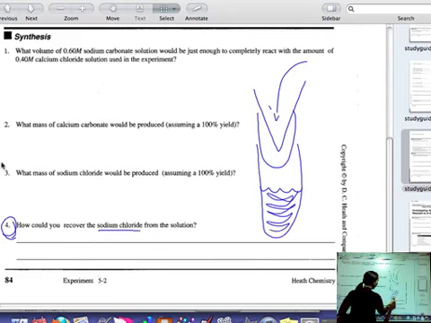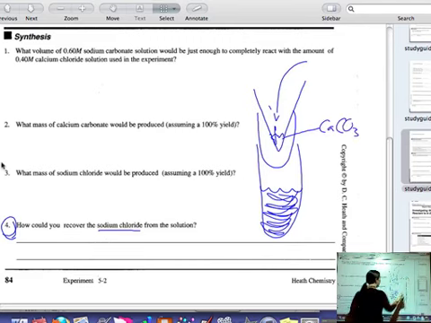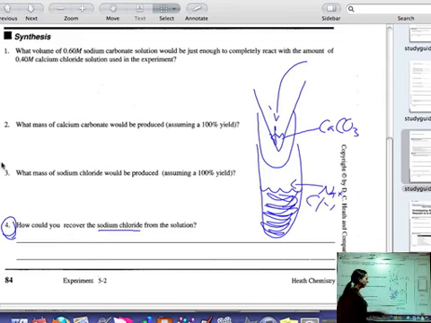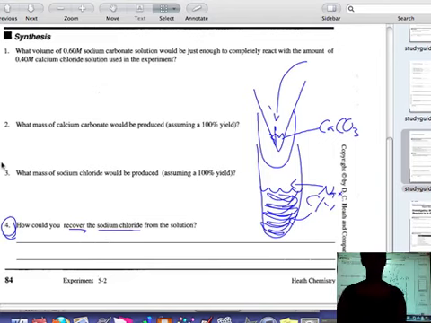So you're collecting all of this liquid down here. Okay, and this is your liquid going through the filter and you're collecting the white calcium carbonate in here. And you're assuming that sodium ions and chlorine ions are just floating around in here. Okay, so that's what this question is about. How would you recover the sodium chloride from that solution? And that is the end to experiment number 5-2.